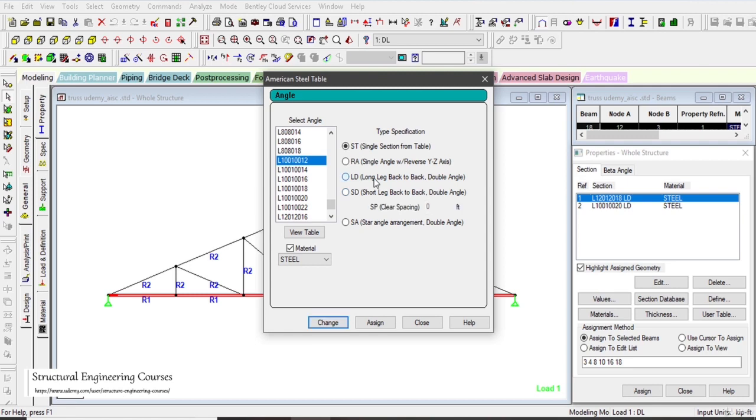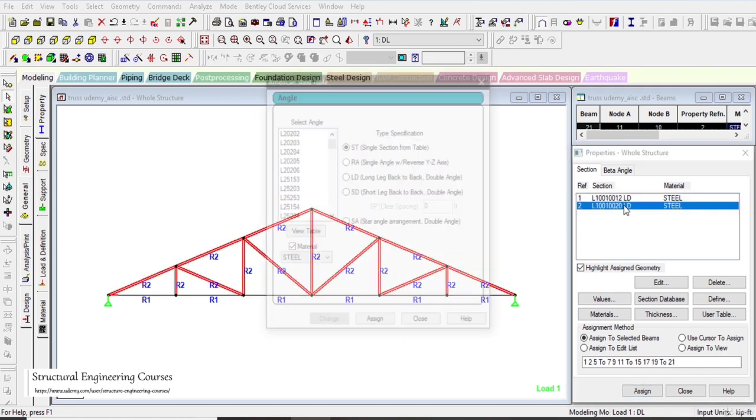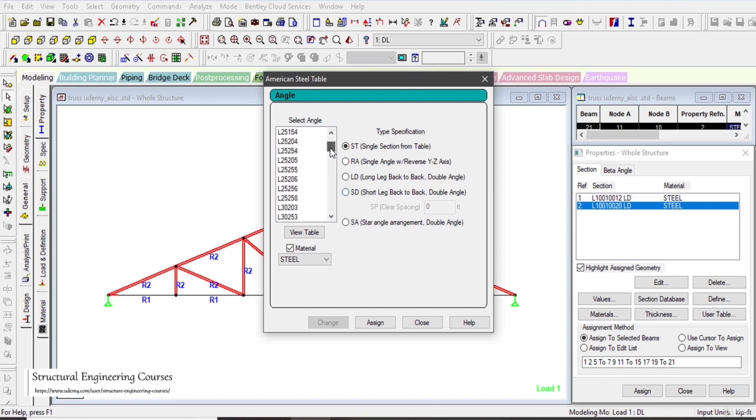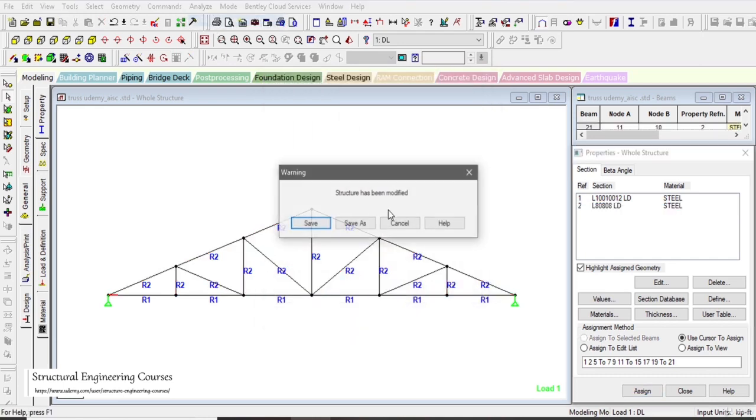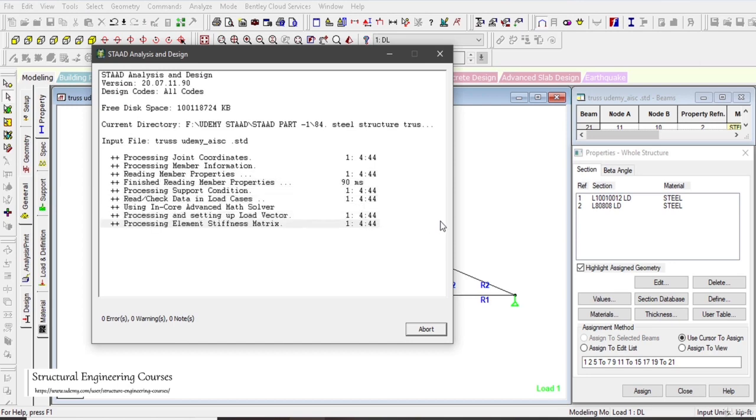L 100-112 and long leg back to back double angle. Similarly, we can decrease it to L 80-88 and long leg back to back double angle. Again, we can analyze the structure.